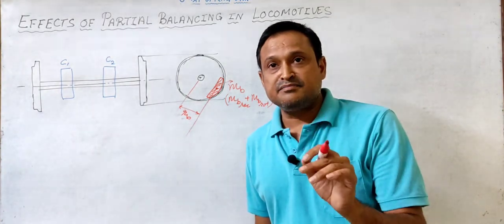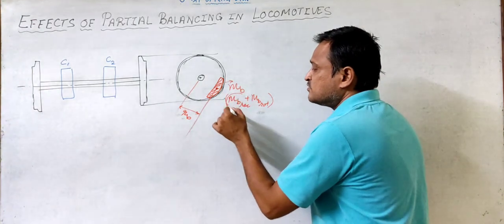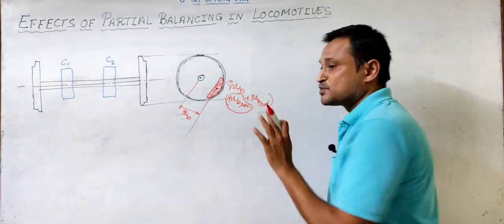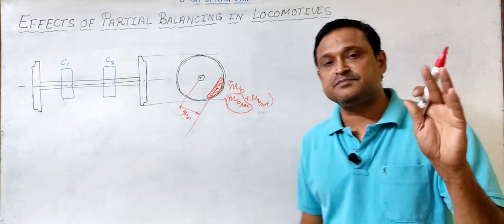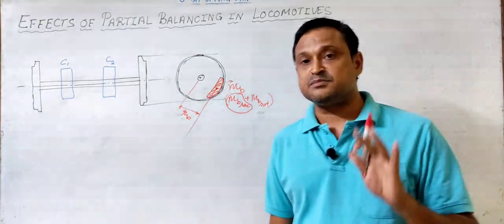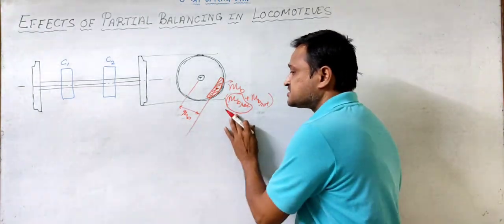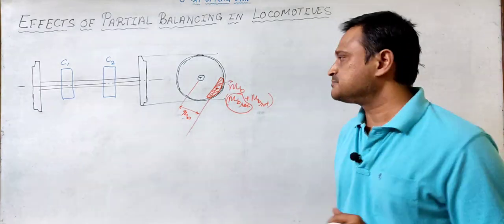And the unbalance forces in the system will be only due to this component of the balancing mass. See, the rotating mass is completely getting balanced out, so that effect is completely cancelled out in the system. Whatever unbalance remains in the system is only due to this component of the reciprocating mass.